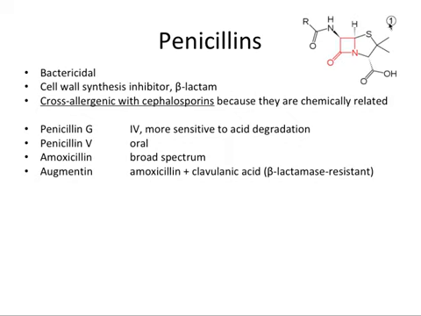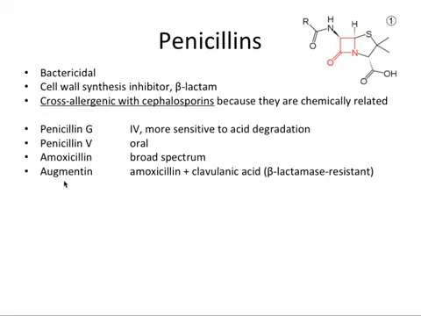And so beta-lactamase can break down the beta-lactam ring of the antibiotic, rendering it useless. So if you have a bacterium with beta-lactamase, it's going to be resistant to these more simple forms of penicillin. But adding in this element of clavulanic acid makes the antibiotic more effective against these antibiotic-resistant bacteria. So it's a good thing to have in our arsenal.